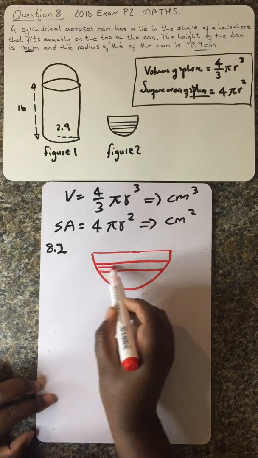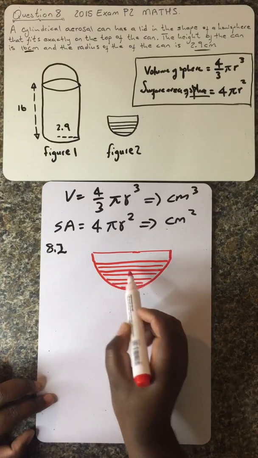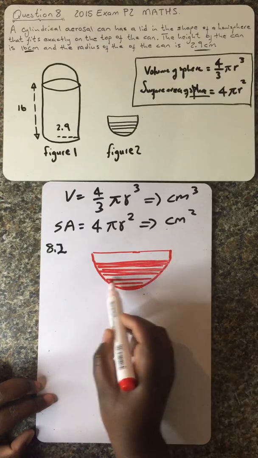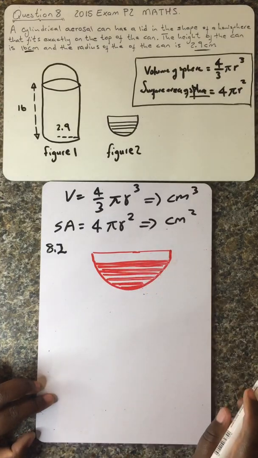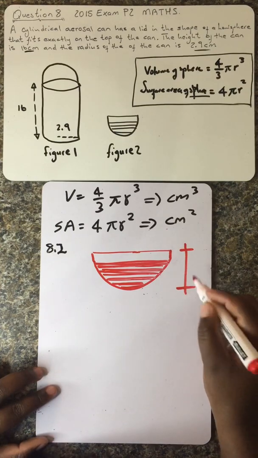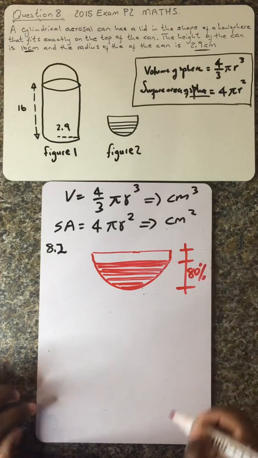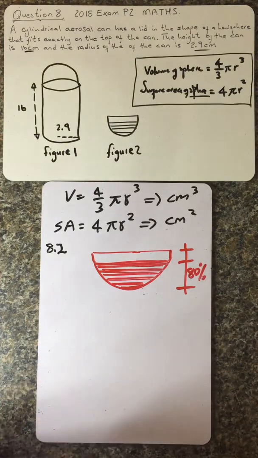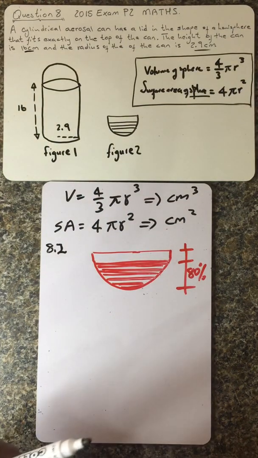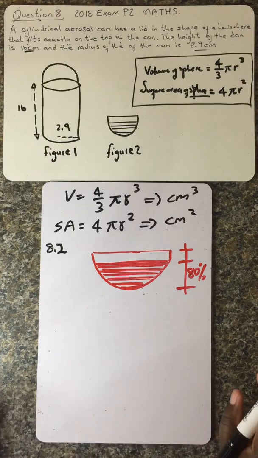That means this portion of the lid is filled with liquid, not 100% filled, but only 80% of the lid is filled with liquid. Now they want you to calculate the volume of the liquid in the lid.